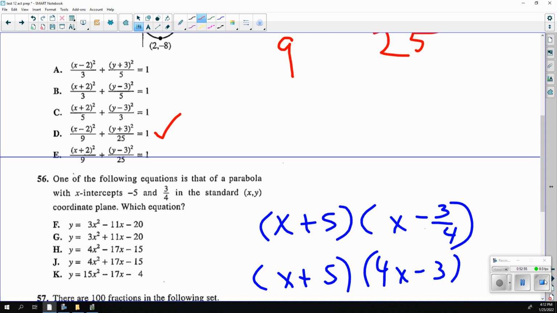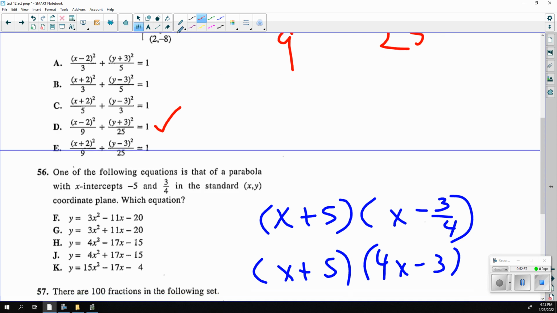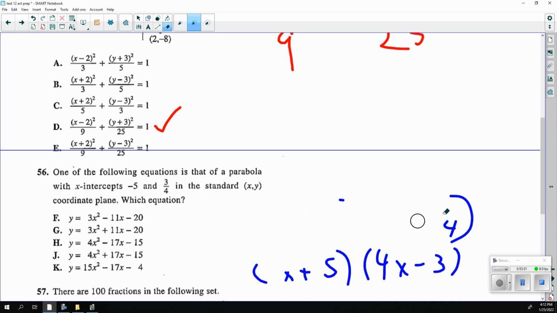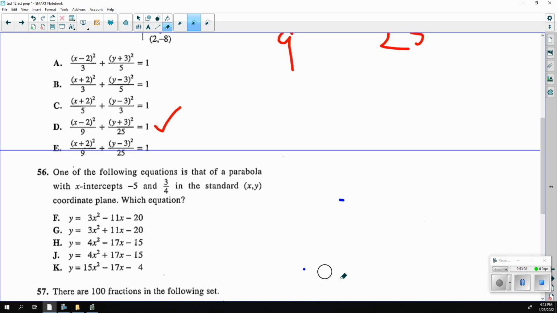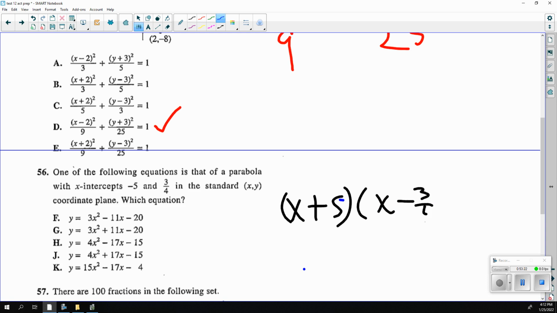Uh-oh. This answer was written in there somehow. So here we go. The x-intercepts are your zeros. Anybody who knows that would know that minus 5 means x plus 5, and x minus 3/4.